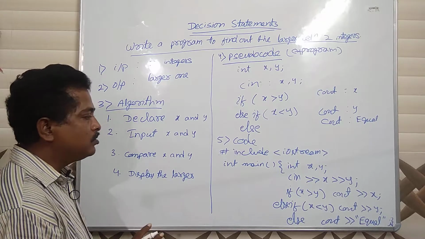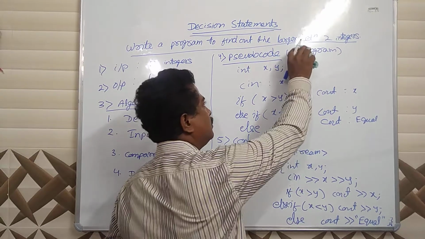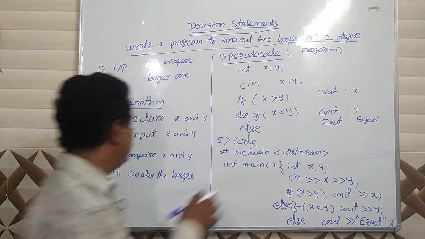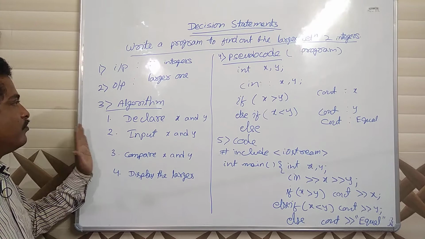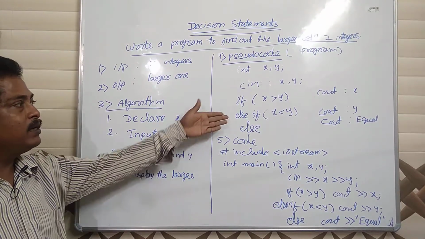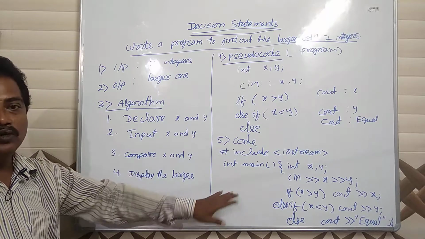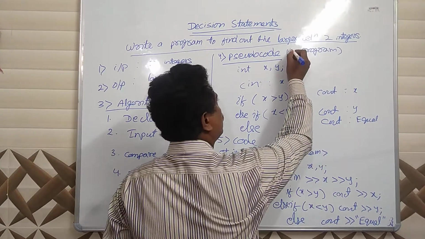Okay, so in Java there is not much change. As I told you, these three steps are the same for all. Only from algorithm to pseudocode some changes are there. Then if you are getting the pseudocode, your code is not a difficult task. So when you are writing a Java program, what are the changes?